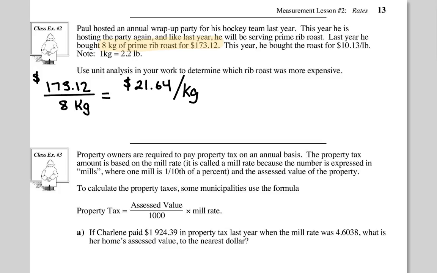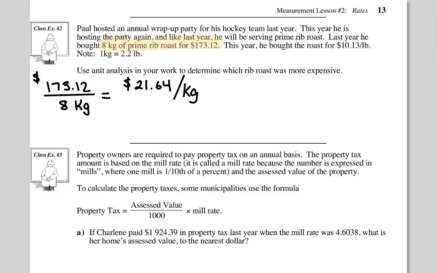Okay? However, this year, he had to buy the roast in pounds, not in kilograms. So it's $10 per pound, basically. Okay. However, you can't compare kilograms to pounds.